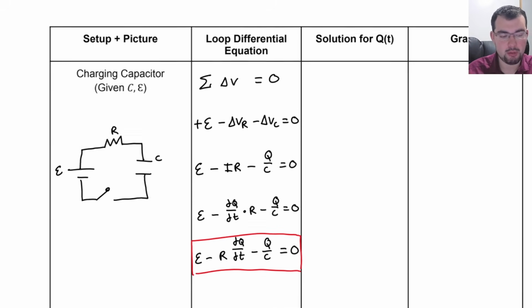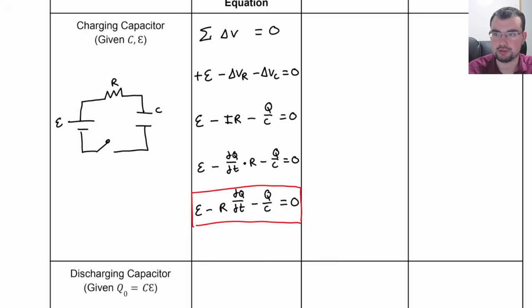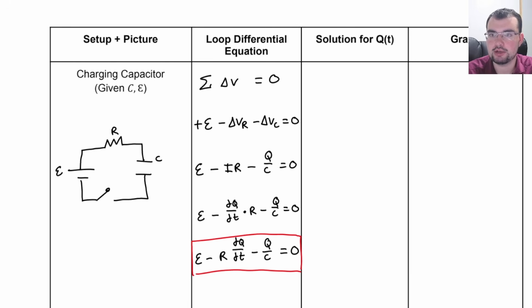Now, this is a moment where we say just remember what the solutions look like. We know that the charge on our capacitor should be ramping up. So we know it follows the following parent function, where Q is equal to Q max times 1 minus e to the negative t over tau.